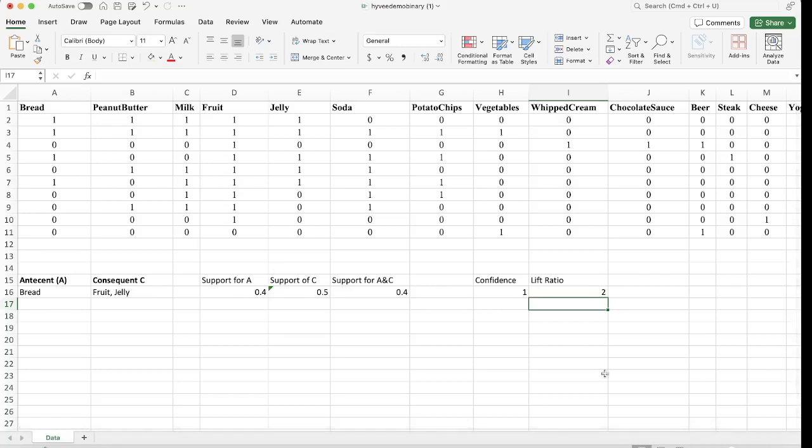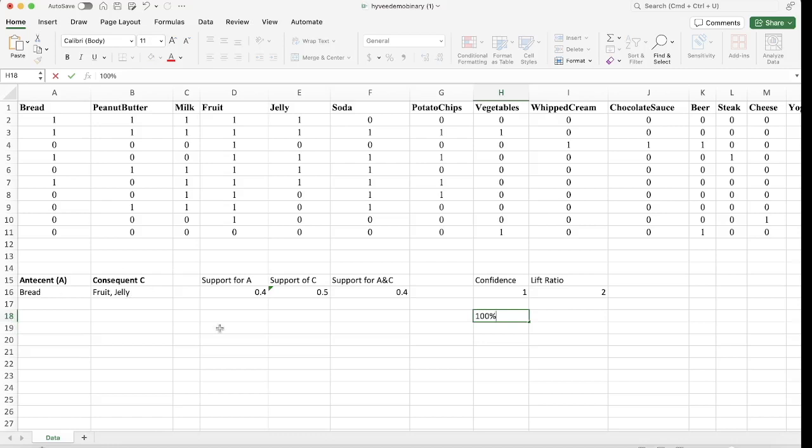And something I want to emphasize is this confidence. This is the conditional probability that is finding the probability of my consequent given this antecedent. So this is saying, what's the probability of buying fruit and jelly if I know that I already bought bread? And so this confidence being 1 means that there's a 100% probability that someone will buy fruit and jelly if we know they already bought bread.